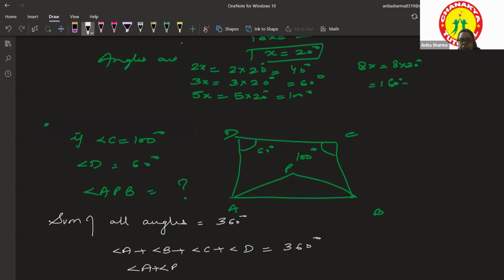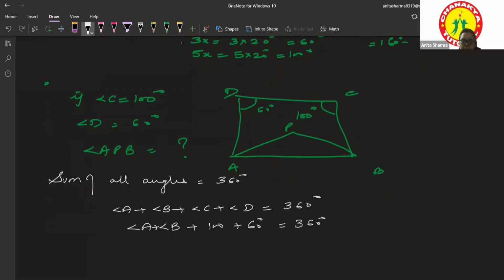Angle A plus angle B is not given. Angle C is 100, angle D is 60 degrees, equal to 360. So now angle A plus angle B will be equal to 360 degrees minus 160 degrees. So angle A plus angle B is equal to 200.